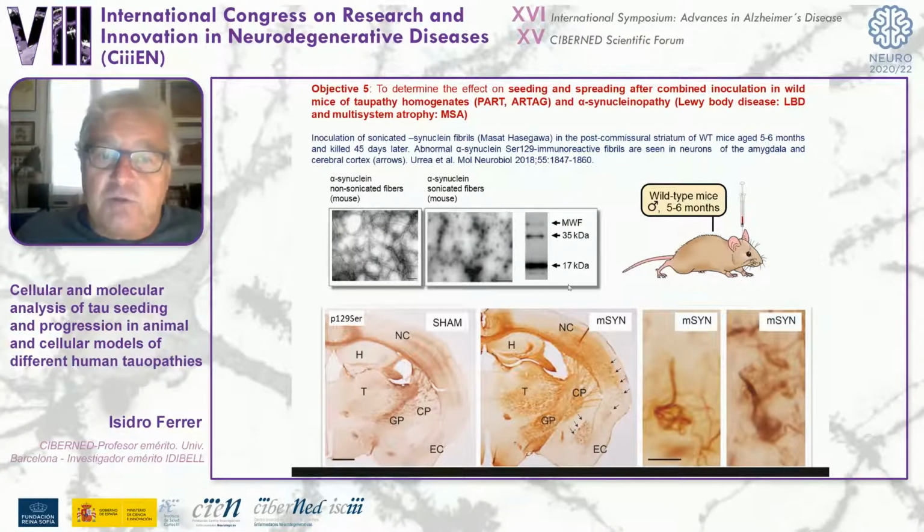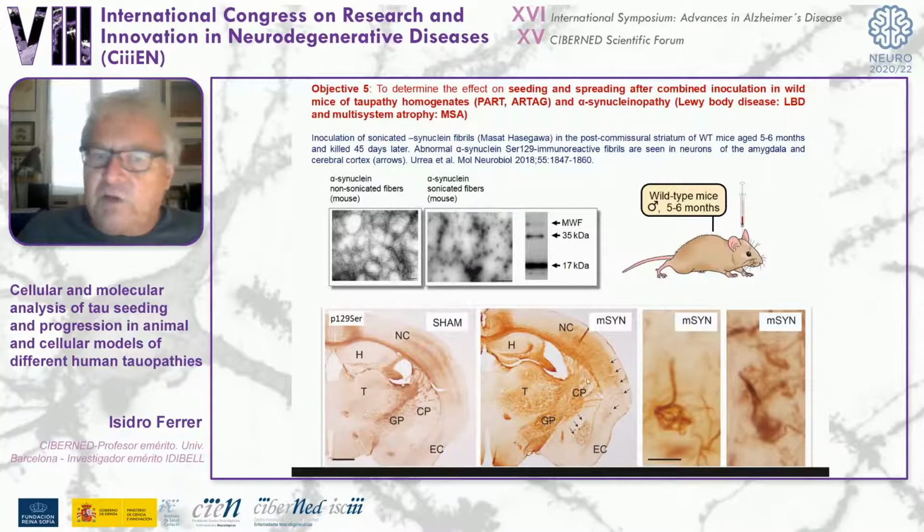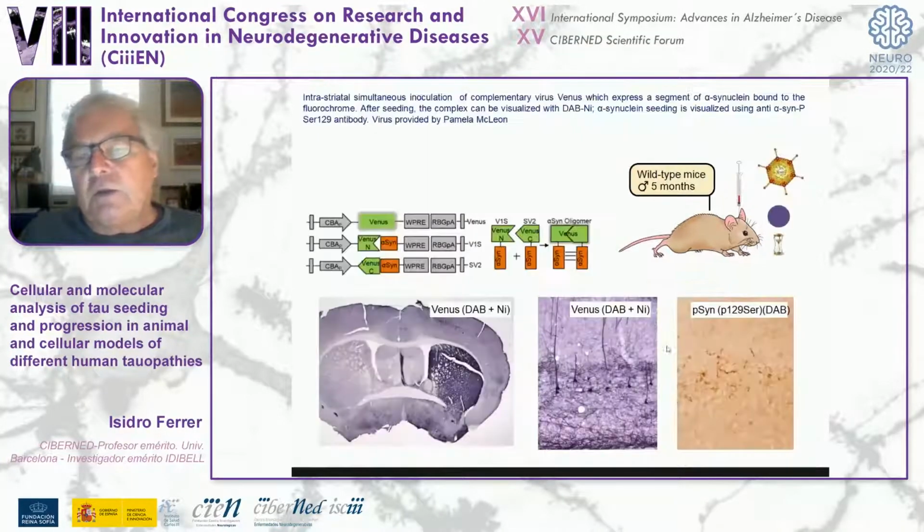So this is the previous work that was carried out using sonicated alpha-synuclein fibrils, and we can reproduce this kind of alterations following inoculation of these fibrils. So it's the brain of a mouse injected, and here you can see the fibrils in neurons.